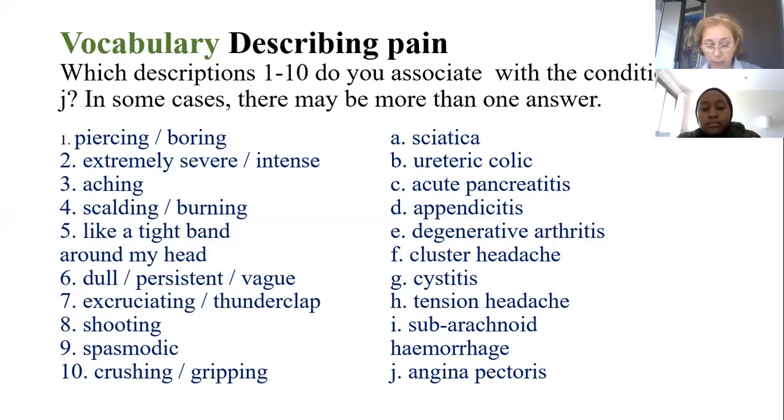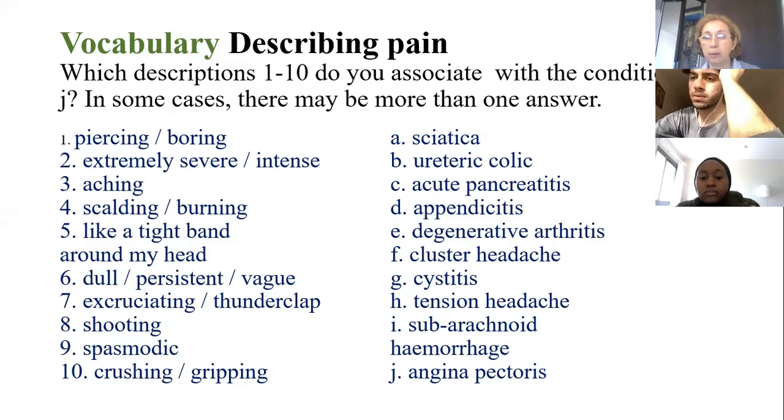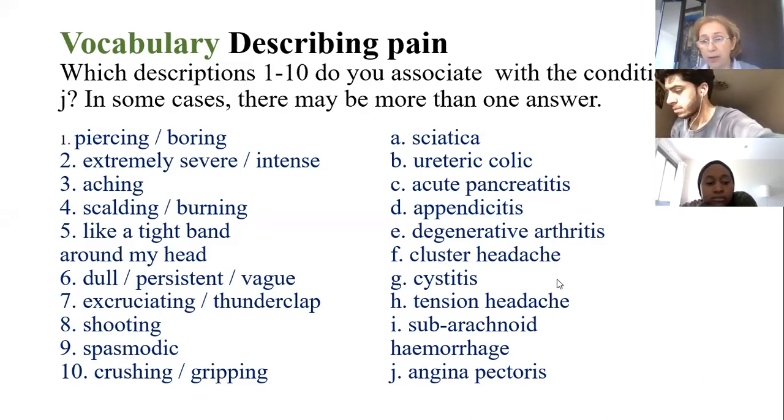I think it's B. It's I, the subarachnoid hemorrhage. Okay. And this is also about headache, possible to say about headache, right? So extremely severe and intense headache.